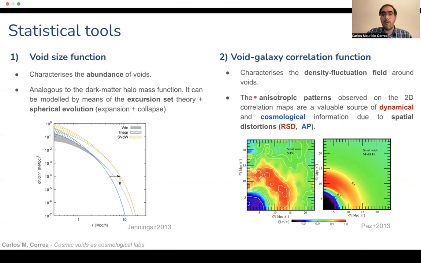Due to the presence of spatial distortions, it is common practice to represent the correlation function as a two-dimensional map with axes along the line of sight and perpendicular to the line of sight. Here the detection and quantification of the anisotropic patterns on these correlation maps is a valuable source of dynamical and cosmological information. So these are the basics for designing cosmological tests based on these two statistics.